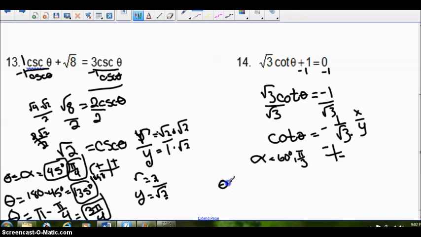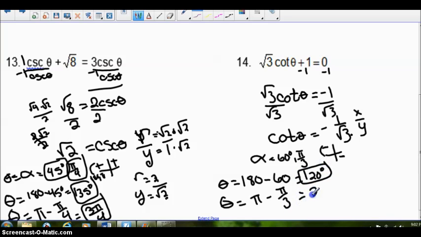So to find theta, we will subtract from 180, right, because we're going back that way, and we will also subtract from pi. So we get 120 degrees, and we get 2 pi over 3. Then we can also come here from 2 pi and 360 going in this direction.